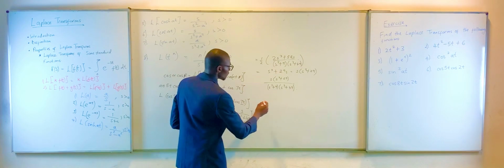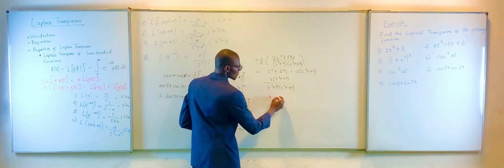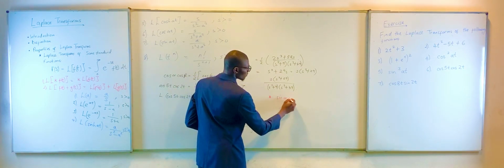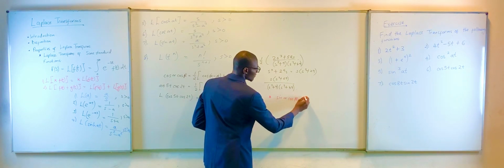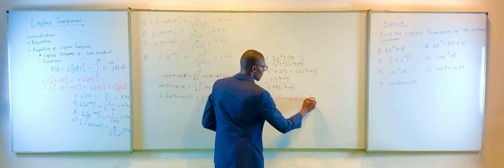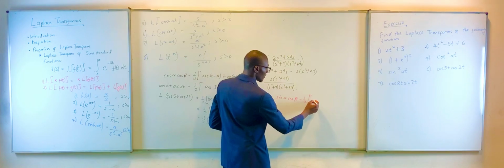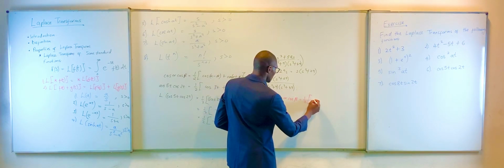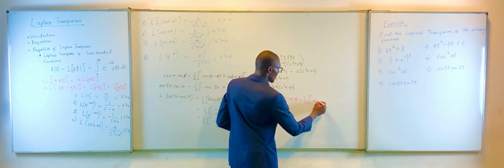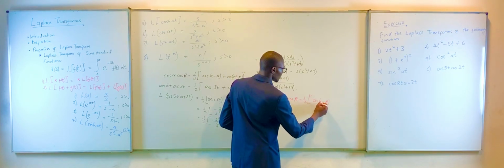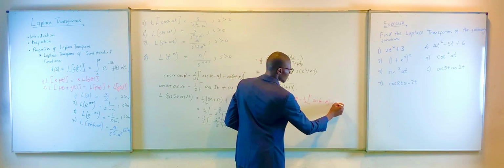Let me write it down for you. So sine alpha cos beta is equal to half multiplied by, this will be what? This will be sine alpha minus beta plus sine alpha plus beta.